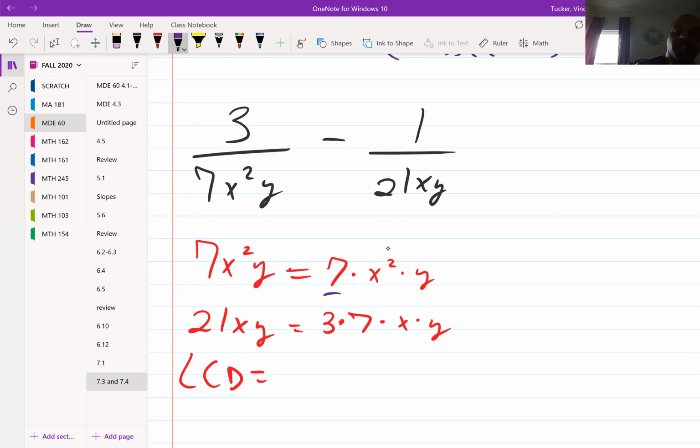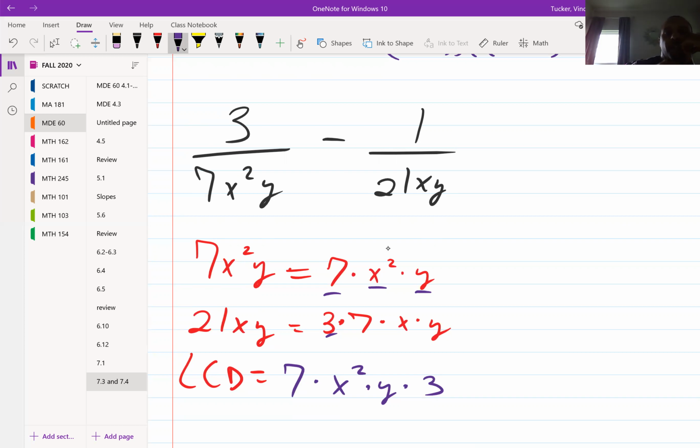So that 7 is what we'll take. Whatever your highest exponent is, we'll take over variables. And then we'll take 3. We don't need to write 7 again. We don't need x and we don't need y because we already have them. All right, questions on that?